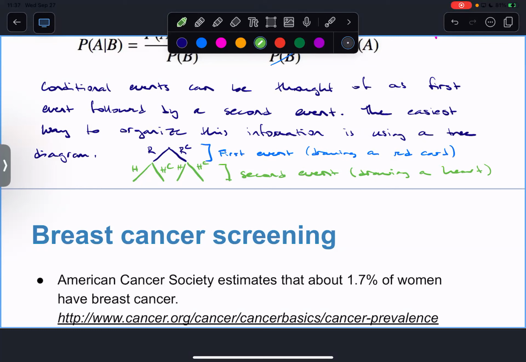This is the general layout of a tree diagram, which without numbers is kind of confusing.